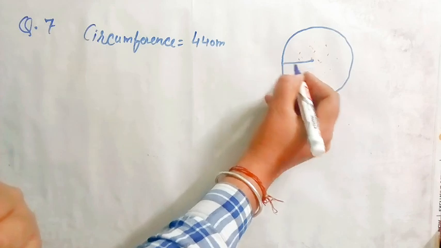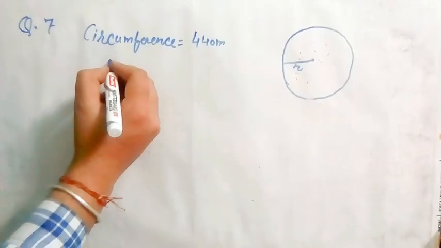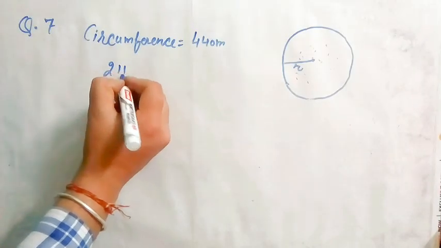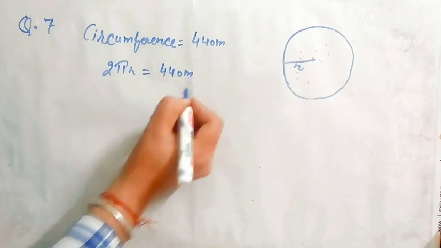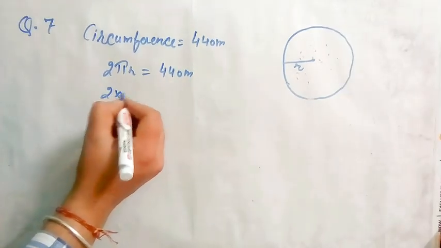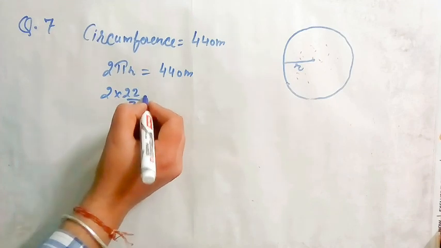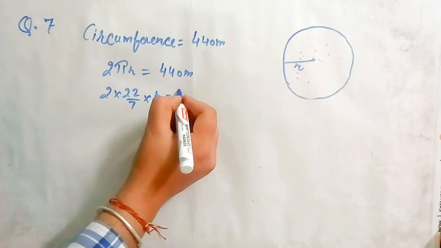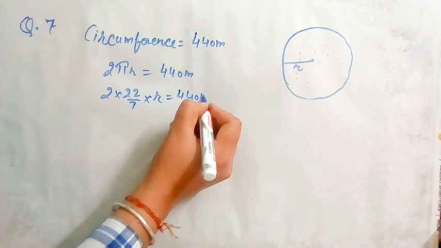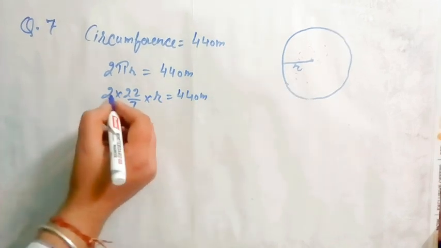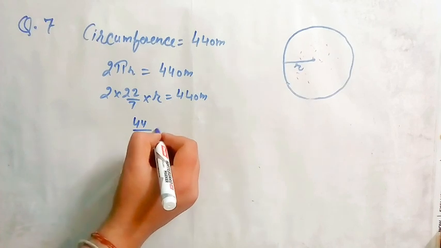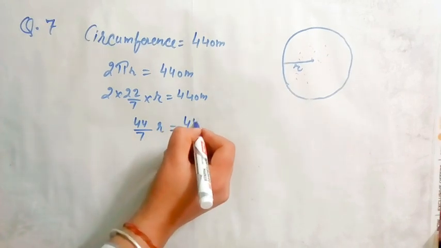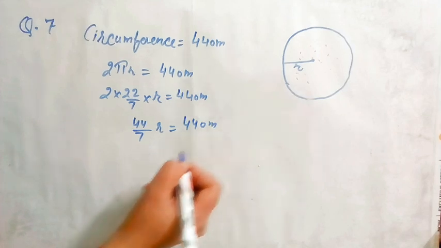We know if the radius is r, the circumference of a circle will be 2 pi r, which is given equal to 440 meter. 2 pi means 22 upon 7 and multiply by r is equal to 440 meter. Now 22 2s are 44 upon 7 multiplied by r equals 440.